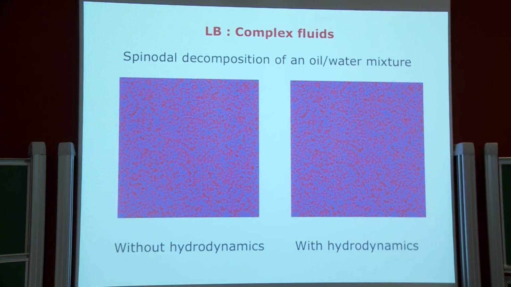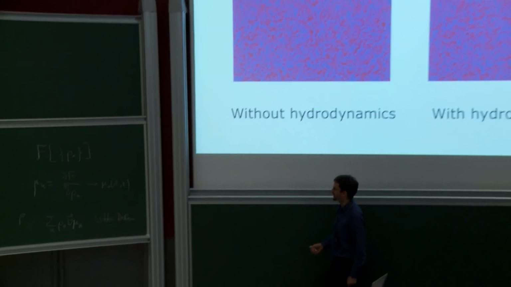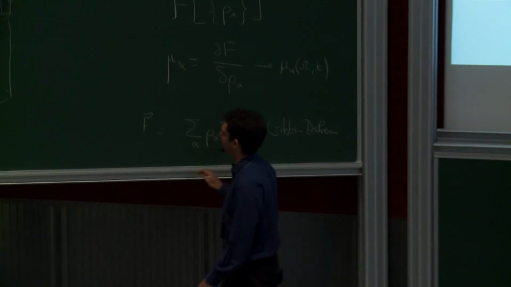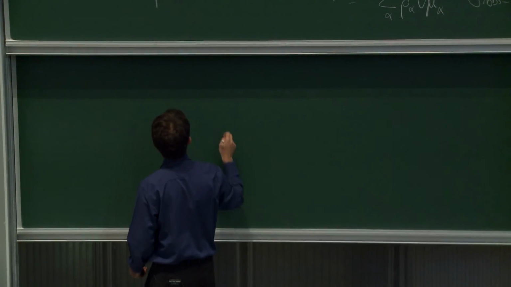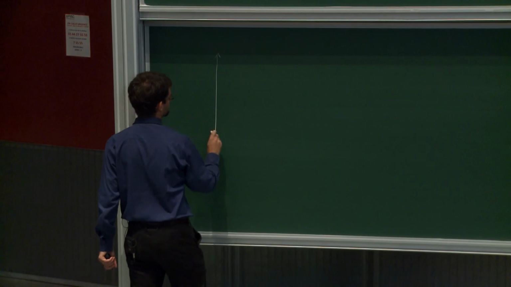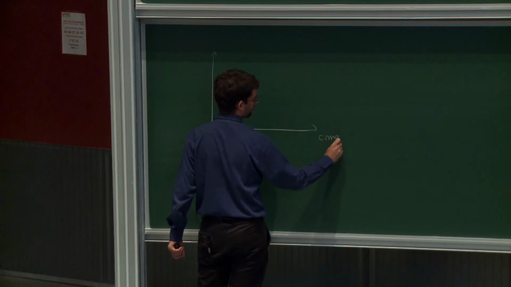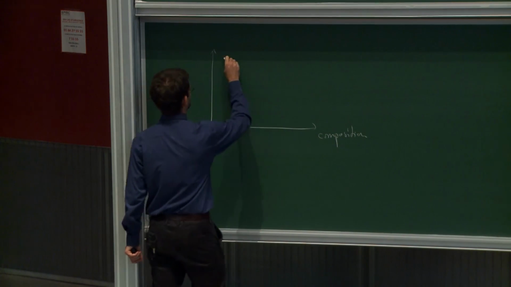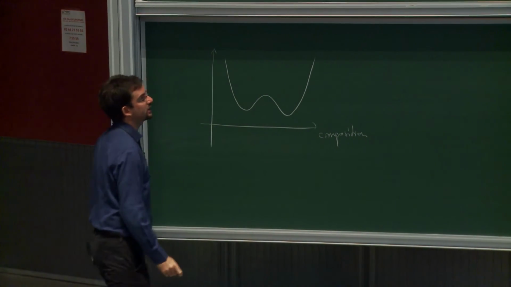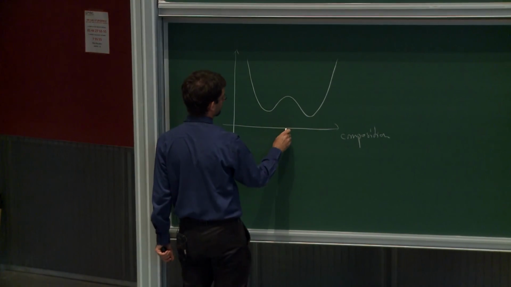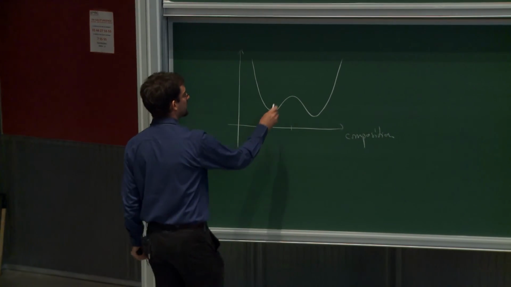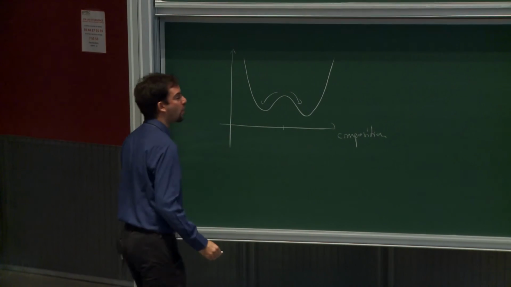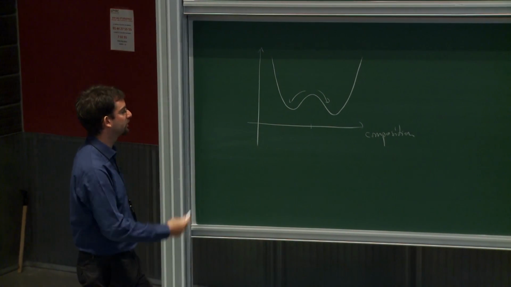So for example, your free energy model would look in that case as a double well as a function of your composition parameter. So initially, you start something close to an average composition, and the system wants to phase separate and fall everywhere into one or the other basin corresponding to one or the other phase.